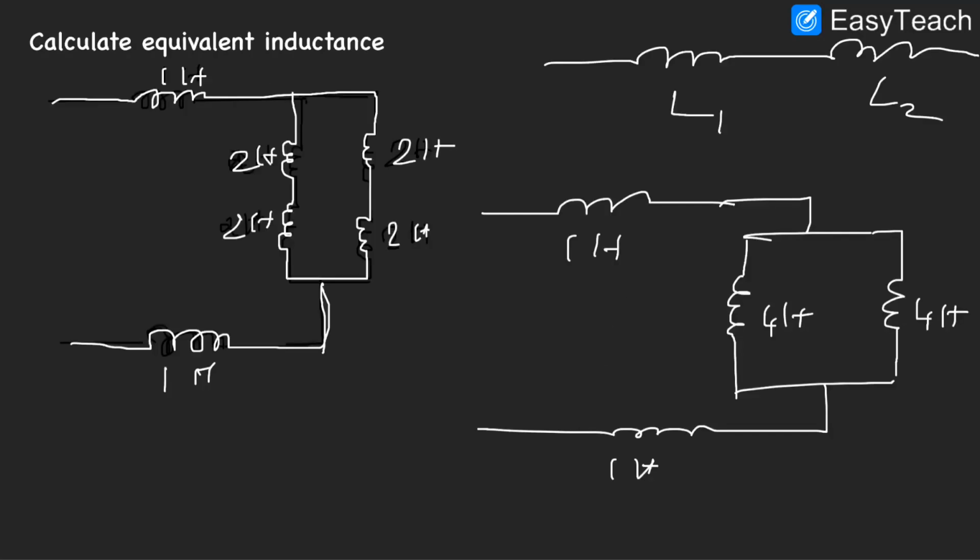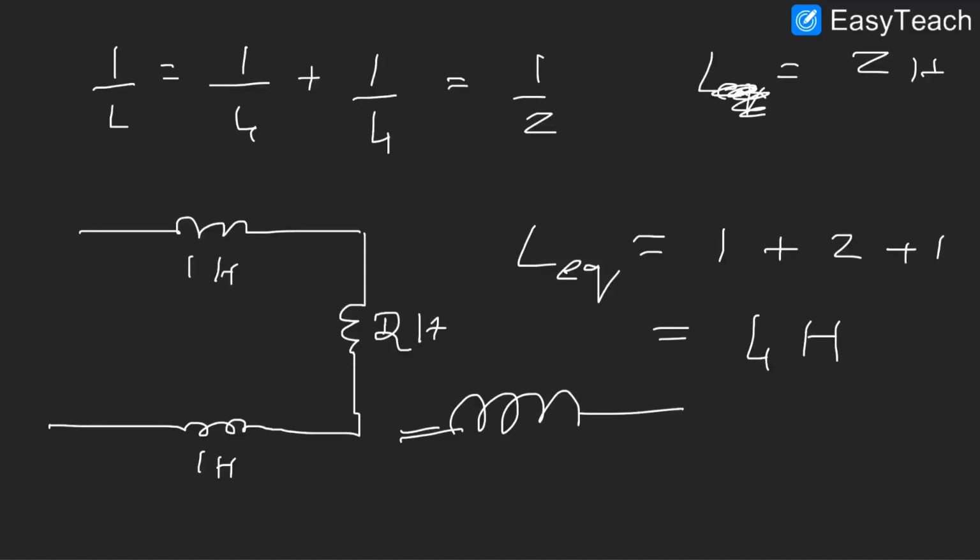And my last problem was a network problem. I had a bunch of inductors in my network, and solving step by step, following the same rules you would follow for a network of resistors, we found the equivalent inductance to be 4 henry.